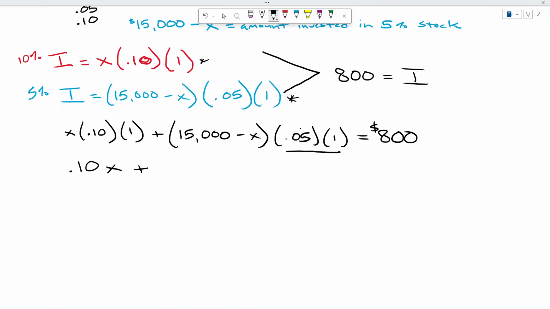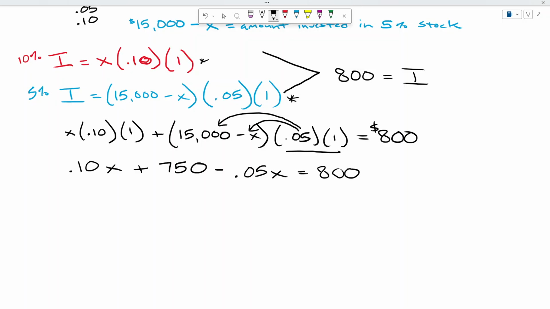So we'll have 0.05 times the 15,000, and then times the x. So 0.05 times 15,000 comes out to 750. And then minus 0.05 times x, just 0.05x, equals 800.